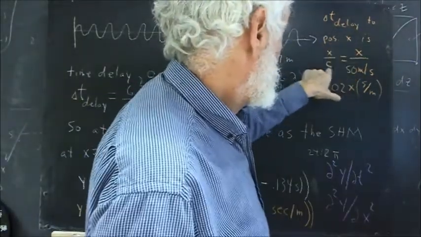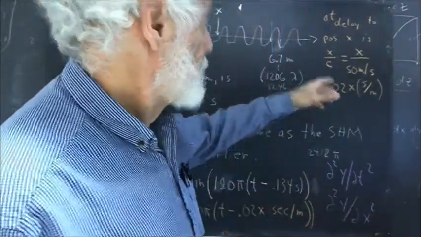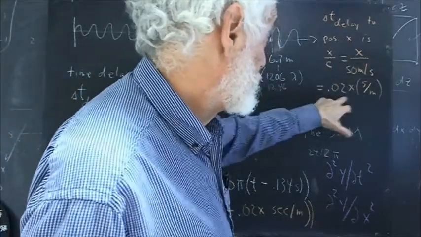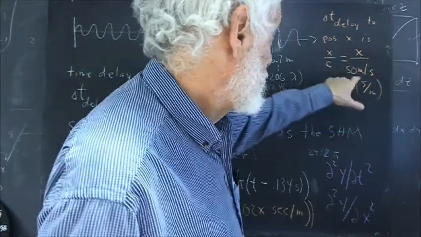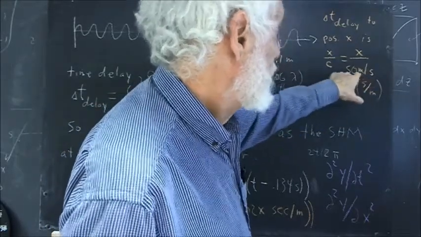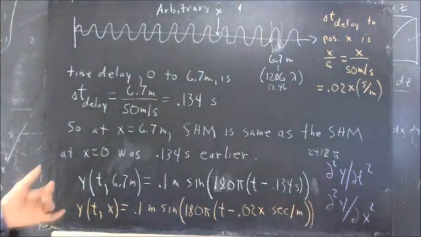If we divide that by c, which in this case is 50 meters per second, we get the time delay. And 1 over 50 is 0.02, there's our x, and it's going to be in units of seconds per meter, since we're dividing by meters per second. The units are going to invert.